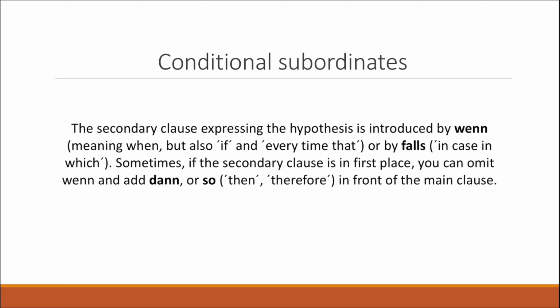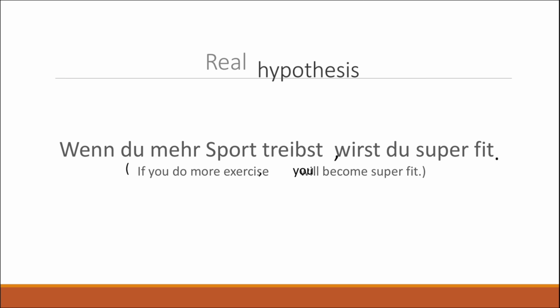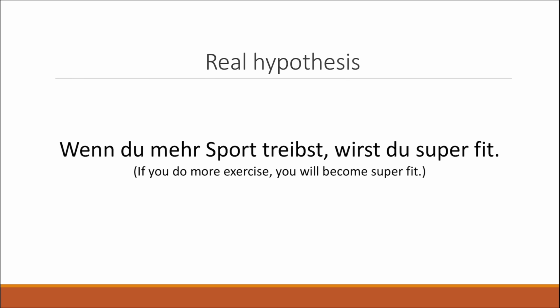And this is something you should be familiar with. We use wenn or falls in order to introduce a conditional subordinate, and then in order to continue the sentence with the main clause, you sometimes just omit wenn or falls and you add dann or so to the main clause.